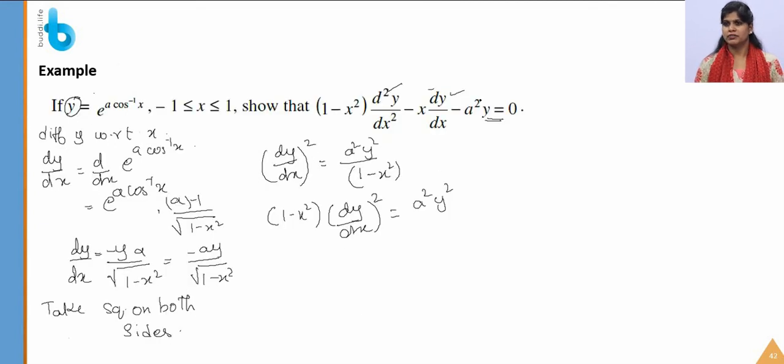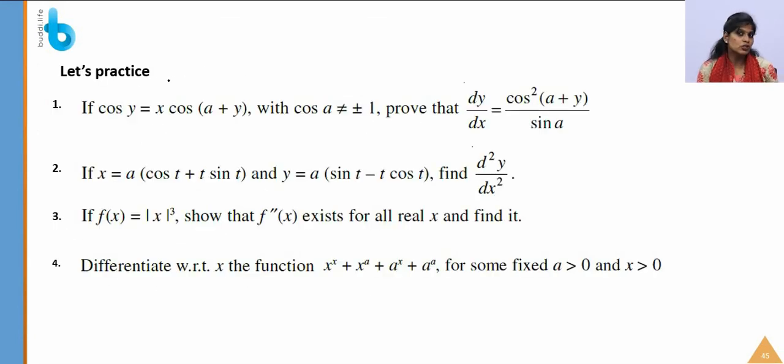So what we did, we just differentiated the given function once and we got dy by dx, and the second time while taking differentiation we got d square y by dx square, that's your second order derivative, and hence we substituted in the given equation and got the answer. So guys, let's also give importance to these types of questions.